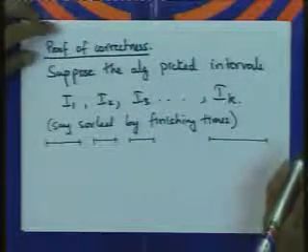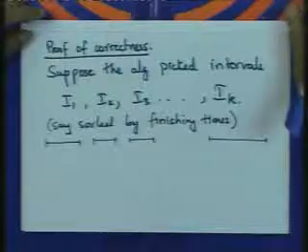Now we have to somehow show that there is an optimum solution which also picks these intervals. If there's an optimum solution which has I1, I2, I3 up to Ik, then we are done, because every other interval in the input must overlap with at least one of these.